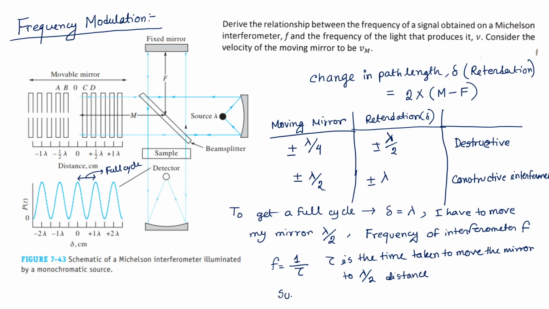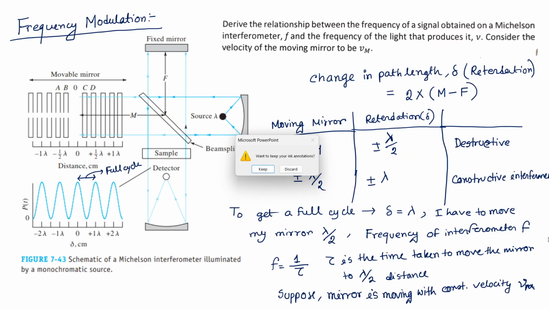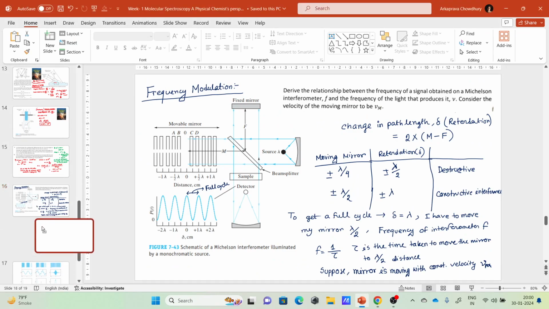And also, suppose my mirror is moving with constant velocity Vm, V capital M. So tau is the time and Vm is the velocity.